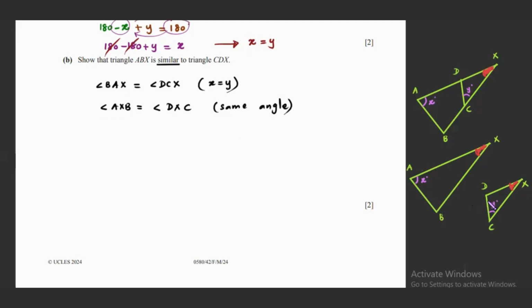So definitely the third angle will also be equal, which means I can say angle ABX is equal to angle CDX. And I can write the reason as: two angles of the triangle are equal.